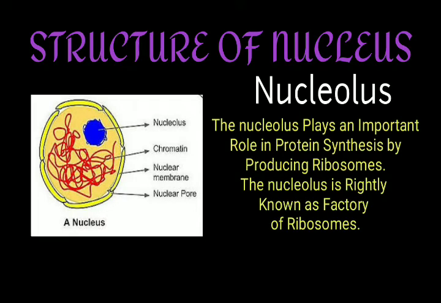How can it help in protein synthesis? By producing ribosomes. That's why nucleolus is also known as the ribosomal factory, where ribosomes are produced. Right? Ribosomes, again, are a cell organelle. We'll read about them in the next audio video.